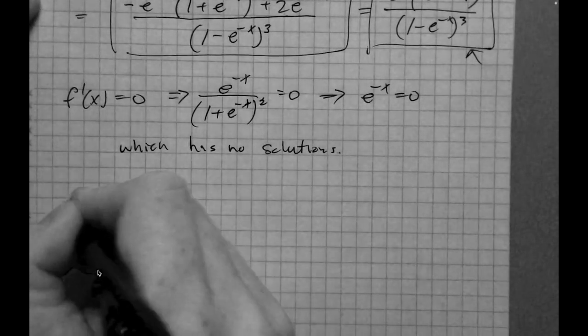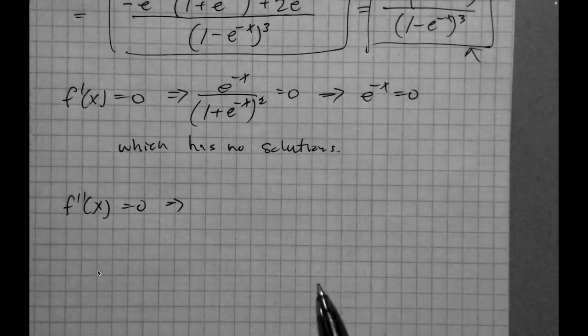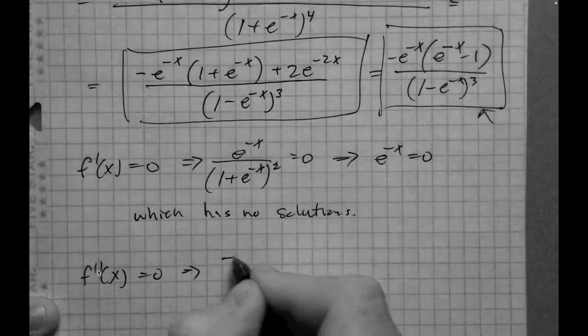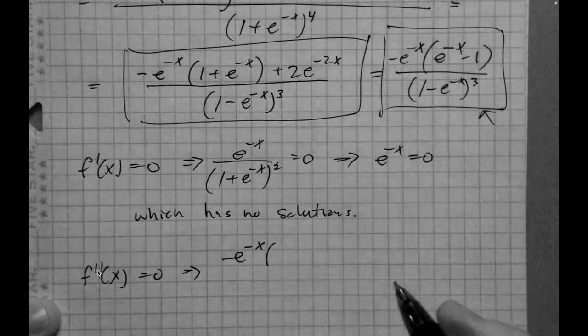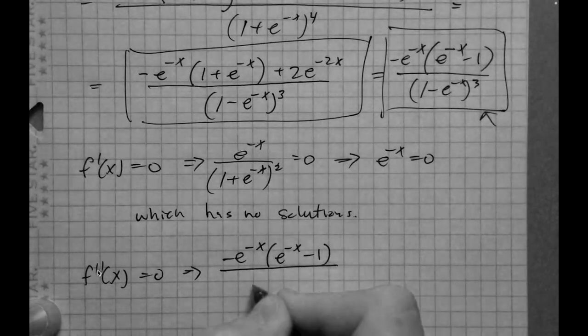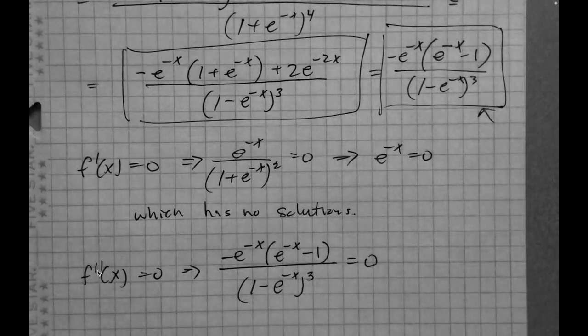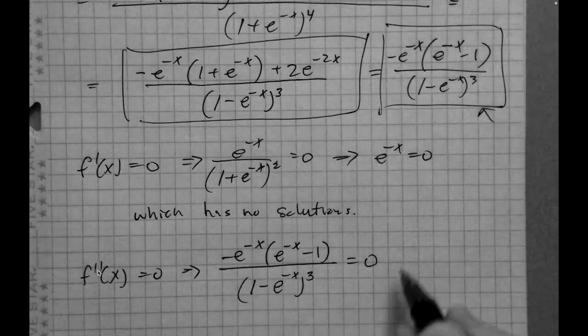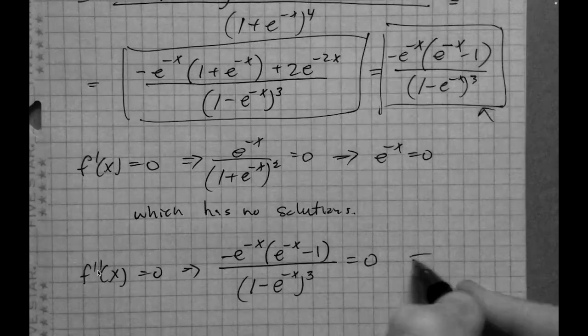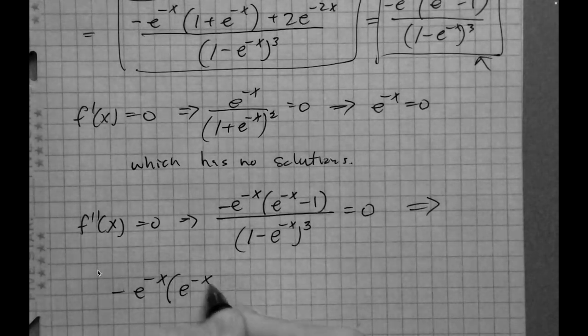And what about the second derivative? So the second derivative, that's this guy here, right? So negative e to the negative x times e to the negative x minus 1 all over this mess. When we set it to 0, well, the denominator drops out. And so you've got negative e to the negative x times e to the negative x minus 1 equals 0.